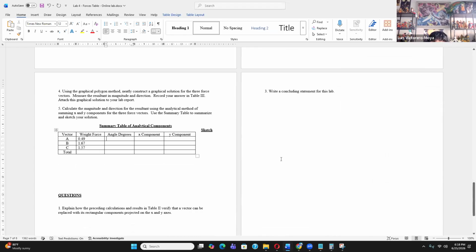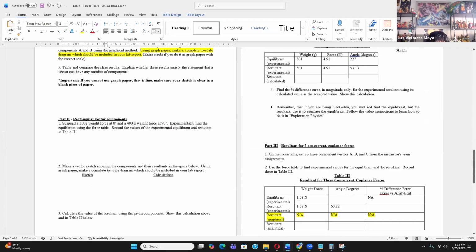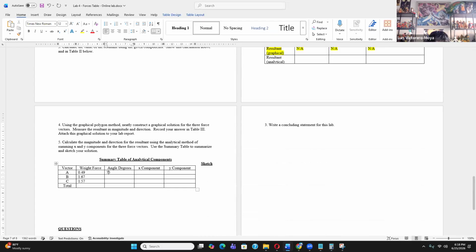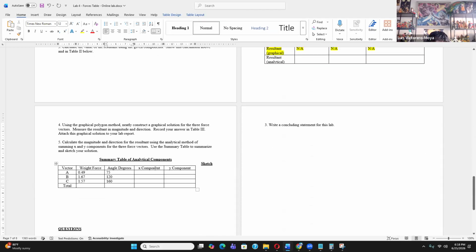Now, the angle. Use the angles I give you here. So 75, 120, and 340, right? All right. So how do you find the x component and y component? You're just going to use cosine and sine.